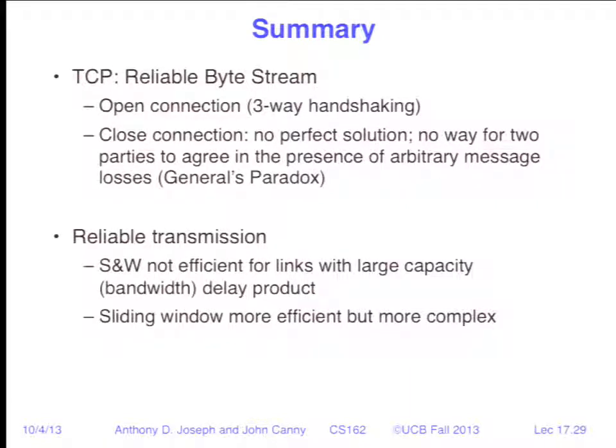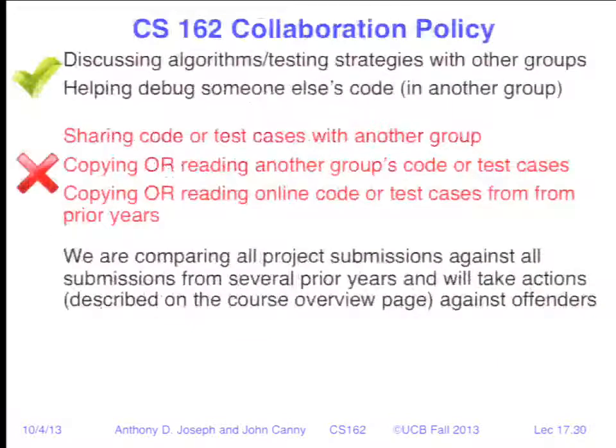OK, so again, I want to revisit this slide because Professor Canning put this up right before Project 2 was due. This is a class that is all about collaboration, because as a computer scientist, that's what you're going to do in your job. You're going to have to work with other people. So we strongly want to encourage people to collaborate where appropriate. Now, where is it appropriate?